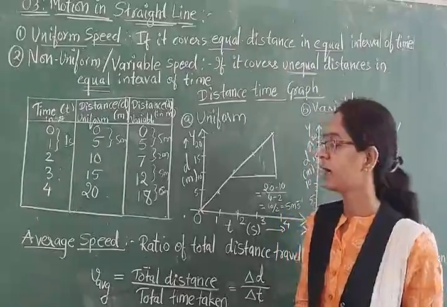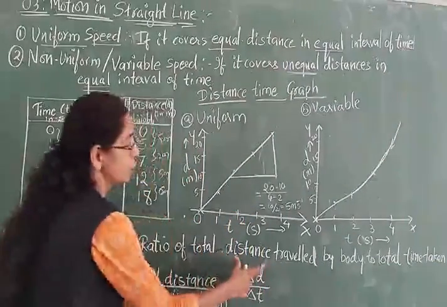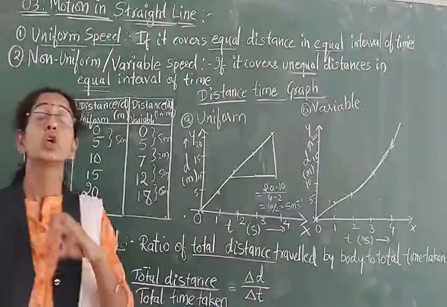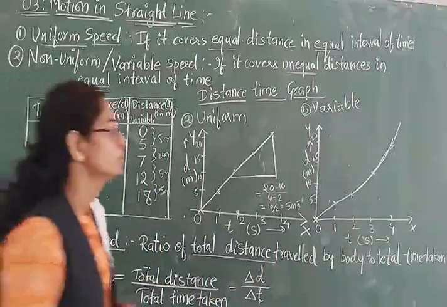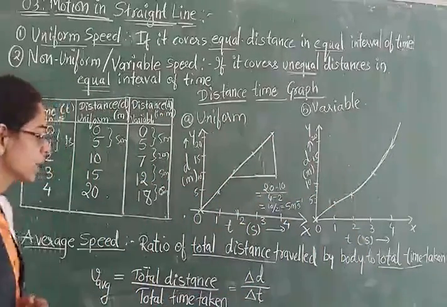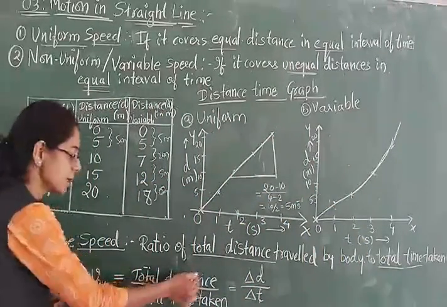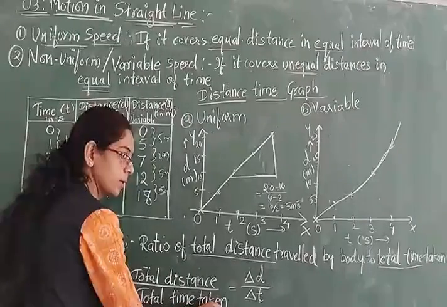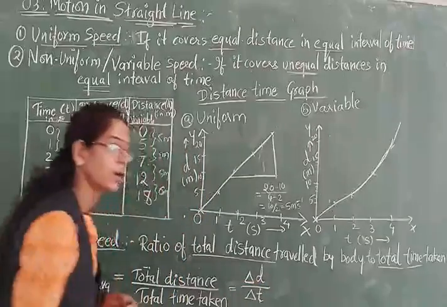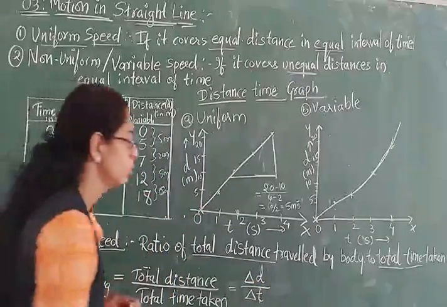It is defined as the ratio of total distance covered by the object divided by the total time taken. Mathematically it is given as total distance upon total time taken. It is denoted by the symbol delta whenever we are measuring the values.